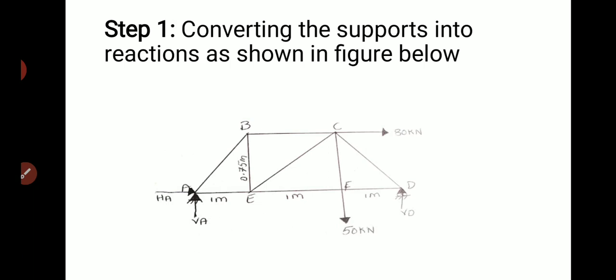One is in the horizontal direction, that is HA, and one is in the vertical direction, that is VA at joint A. That is represented here. Since at D it is a roller support, you will have only one vertical reaction, that is represented as VD. So in step 1 I have converted the supports into their reactions.